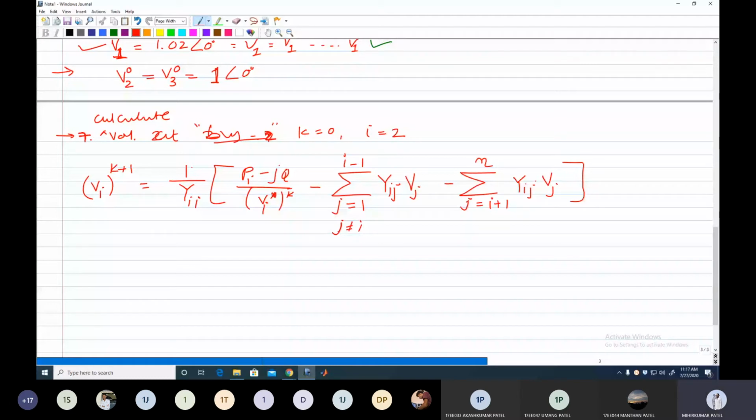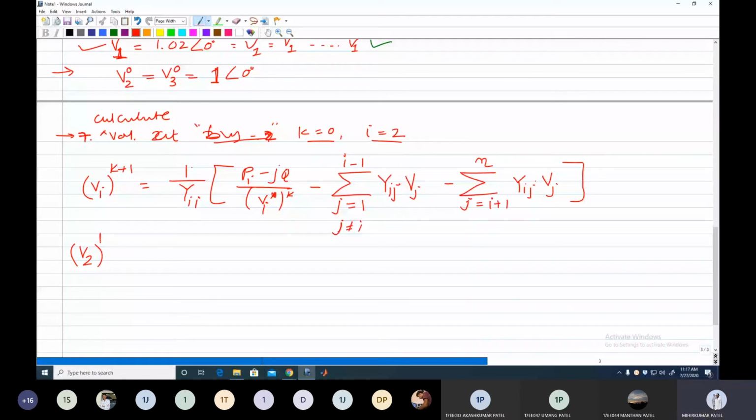So the final equation using these two values: V2 means voltage of bus number 2, and the superscript 1 shows the voltage at bus number 2 at the first iteration.